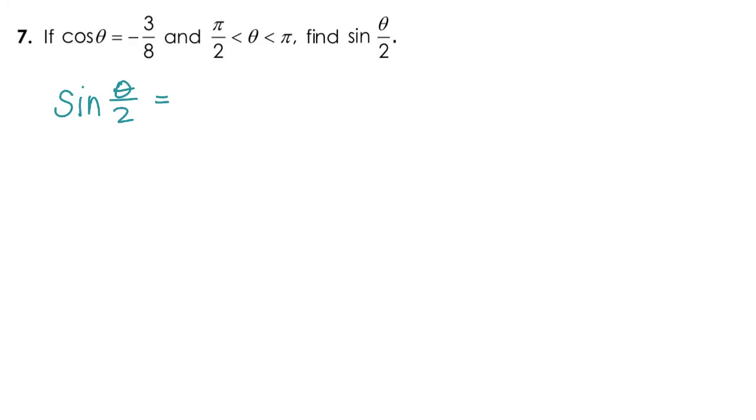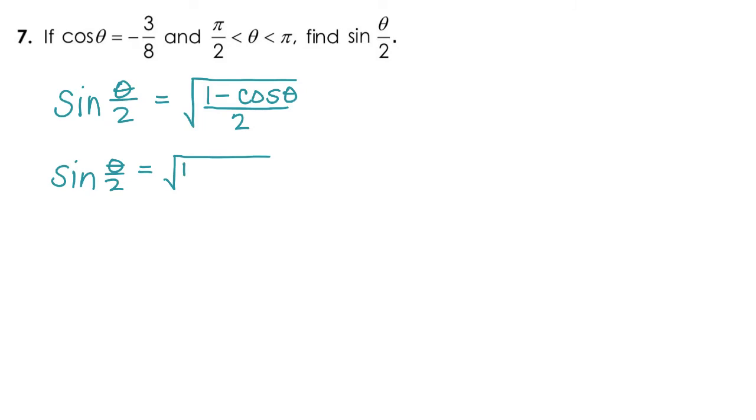Well, that's going to be the square root of 1 minus cosine theta all over 2. And so then sine of theta over 2 is going to be equal to the square root of 1 minus a negative 3/8, so plus 3 over 8, all over 2.